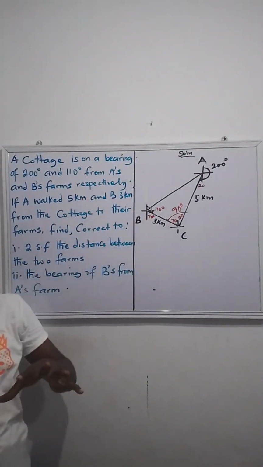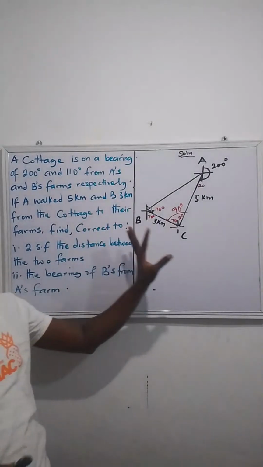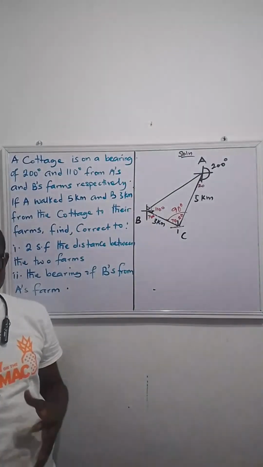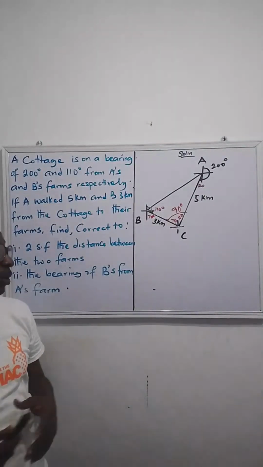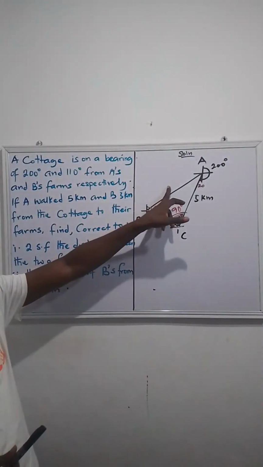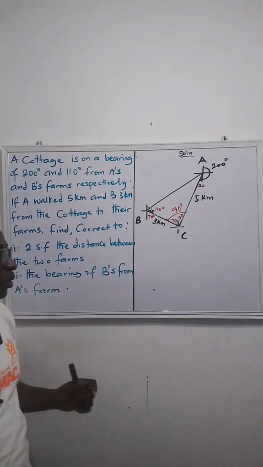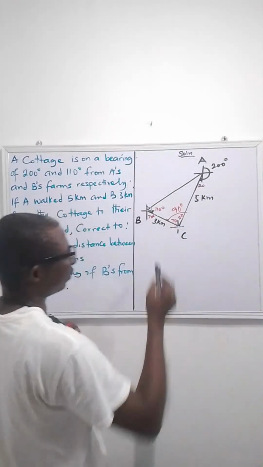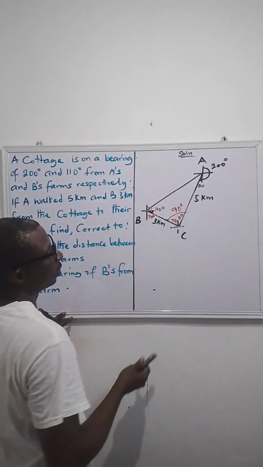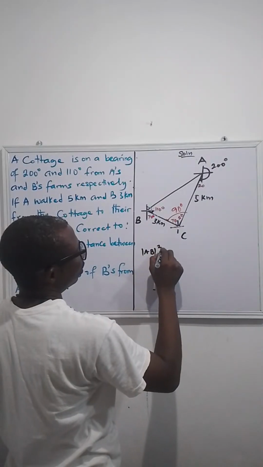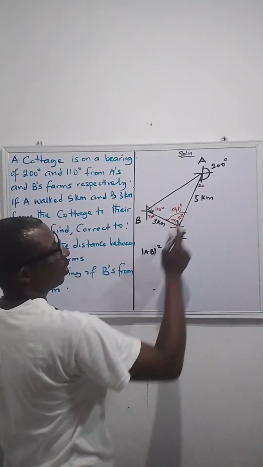So what comes to mind now is, if I'm solving anything here, I must make use of either Pythagoras theorem or trigonometrical ratio. Since I want to get this one here, I can make use of Pythagoras theorem. So now, this is my hypotenuse. So I have AB squared will be the sum of the squares of the two sides.